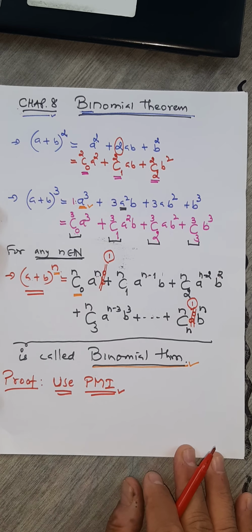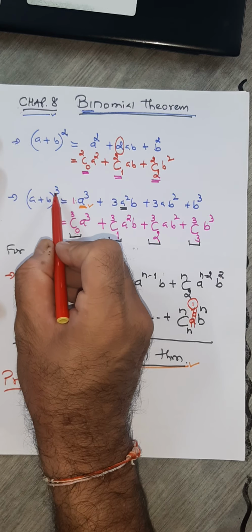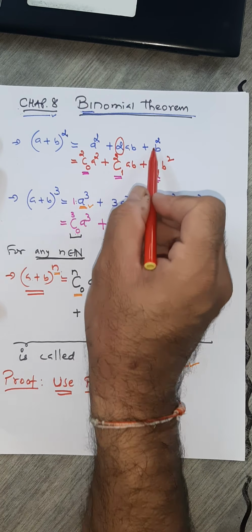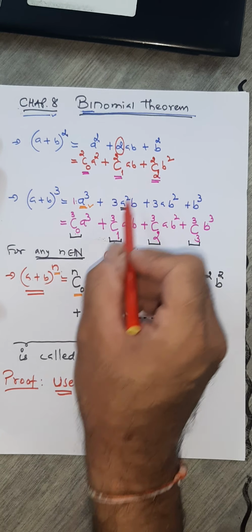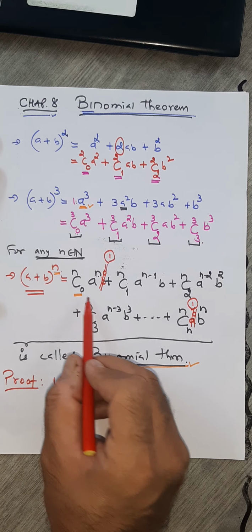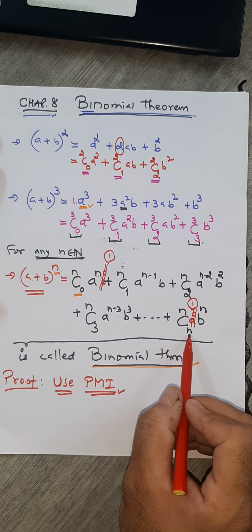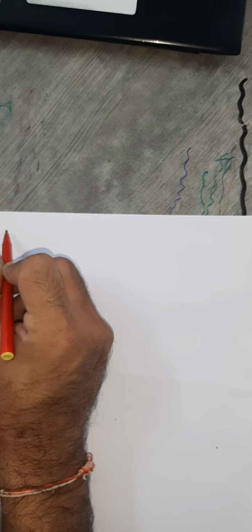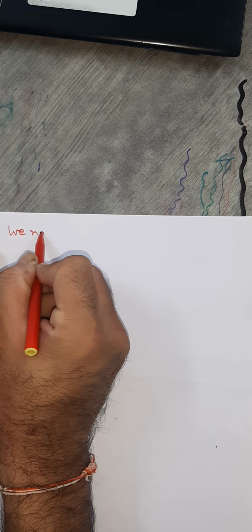Fine. Now, if you have raised to 3, there are 4 terms. If you have raised to 2, there are 3 terms, because it starts with 0, goes to 2. Starts with 0, goes to 3. So if you have raised to n, how many terms are there? Not n terms, remember, n plus 1 terms. So let me write that. In the binomial expansion, we note these 2-3 things.